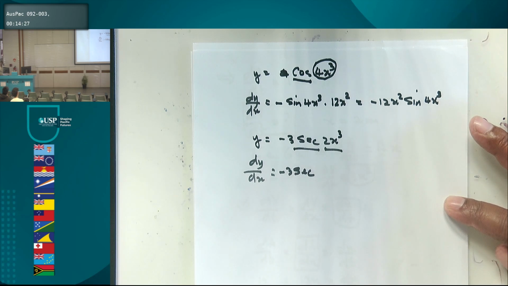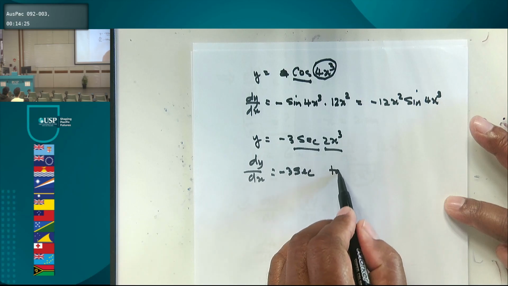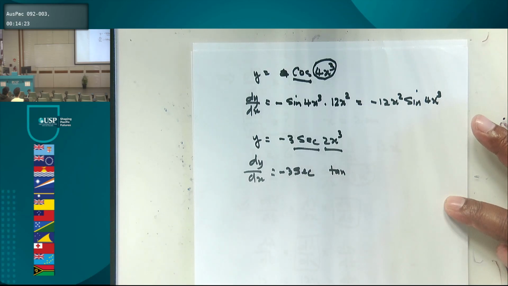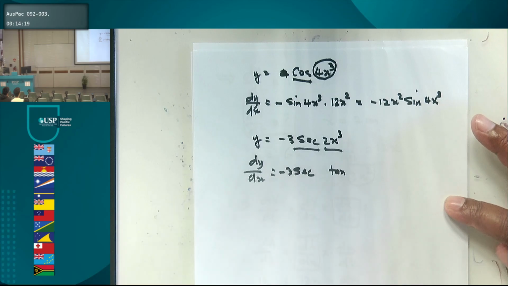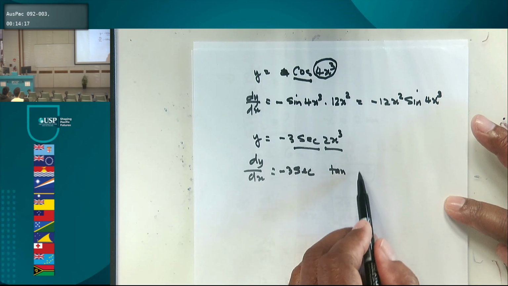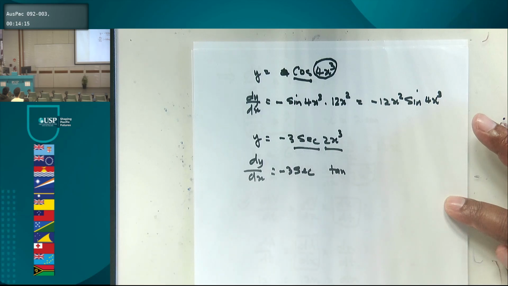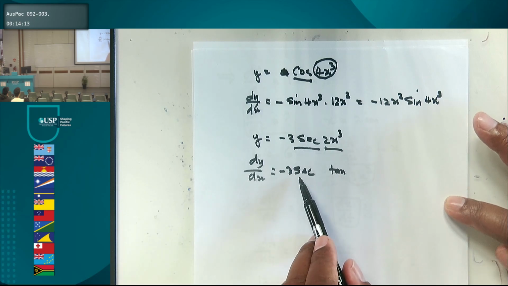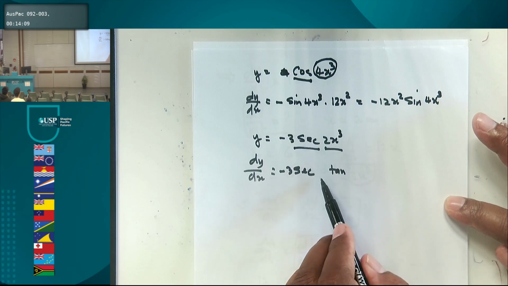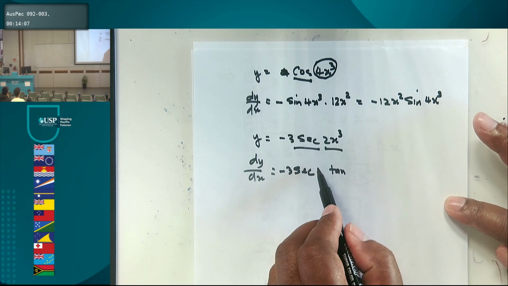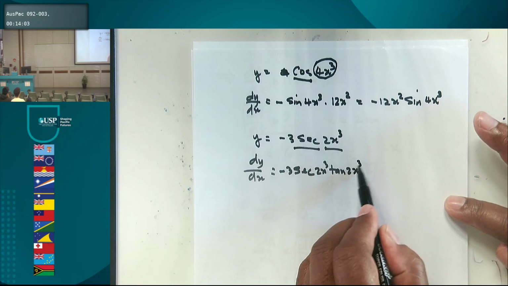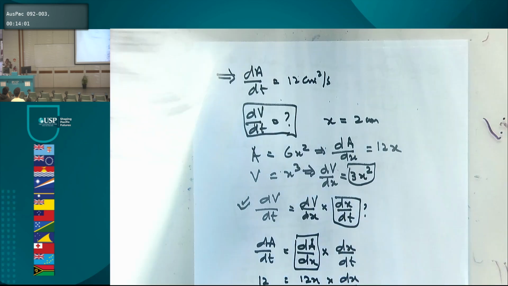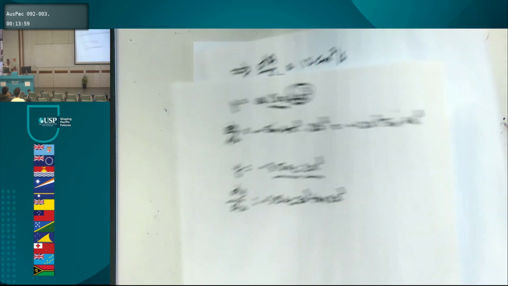Sec of something times tangent of something. Now, what should I have here? We said when you differentiate the outer, the inner remains. So what should I have here? 2x cubed. The inner remains.